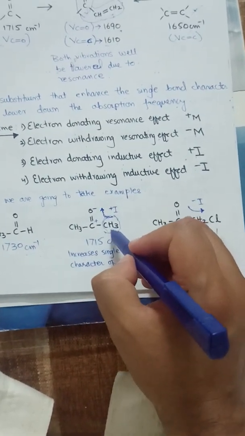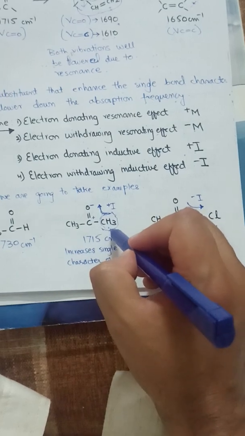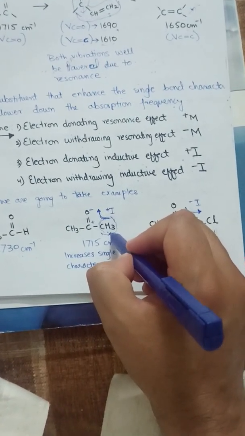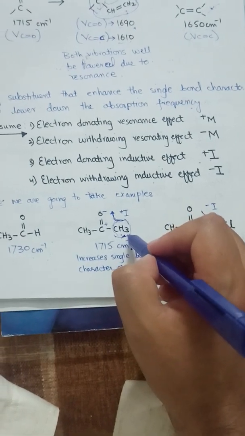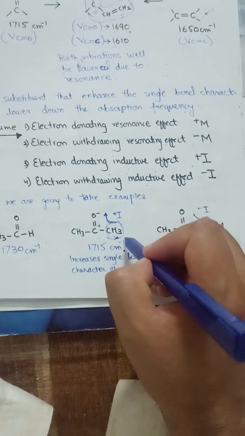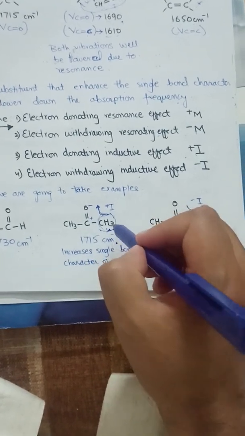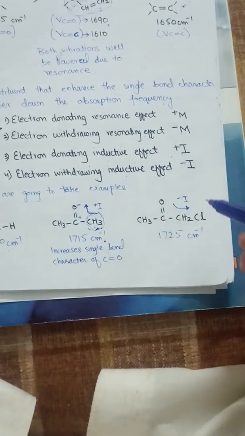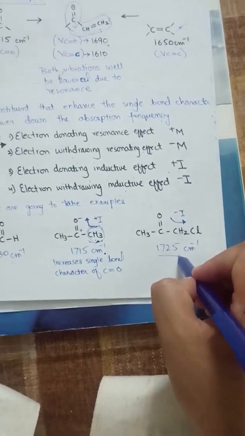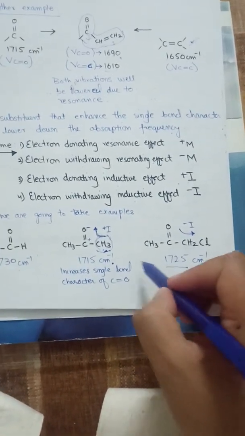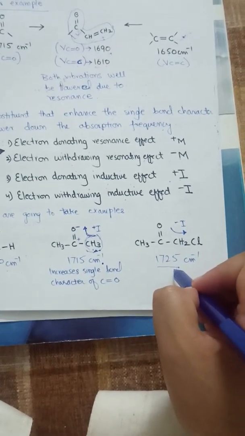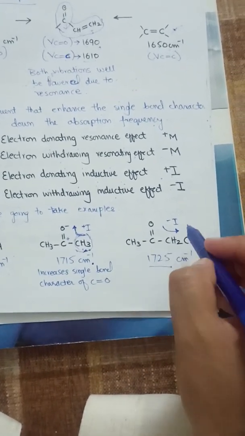So it is due to the alkyl group, which produces an electron donating inductive effect, not resonating. It is due to hyperconjugation, so it lowers the frequency. But here we have another example where the absorption frequency is going to increase from this one, 1725 per centimeter. So why does this absorption frequency increase?